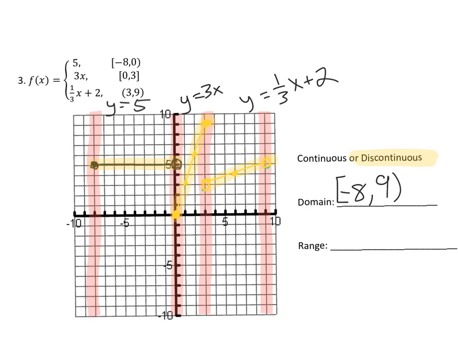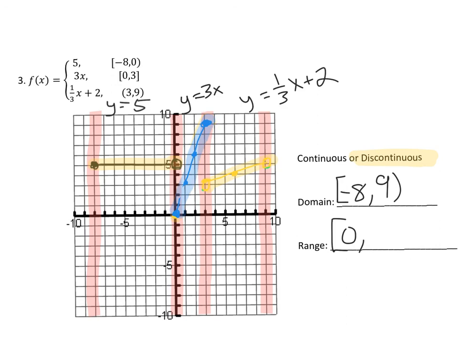Now let's go ahead and talk about the range itself, okay? Now it looks like the furthest down that this piecewise function goes is going to be 0. And when it's at 0, we notice we do have a bracket there, okay? Now, we have to be careful because this piecewise function looks like it has some breaks, but you'll notice that this line runs all the way up to the highest y value, okay?